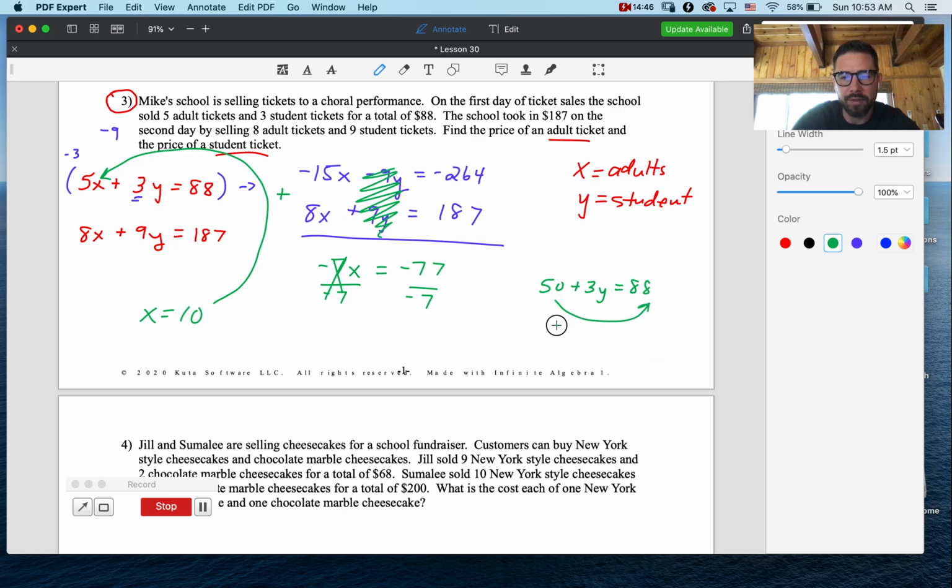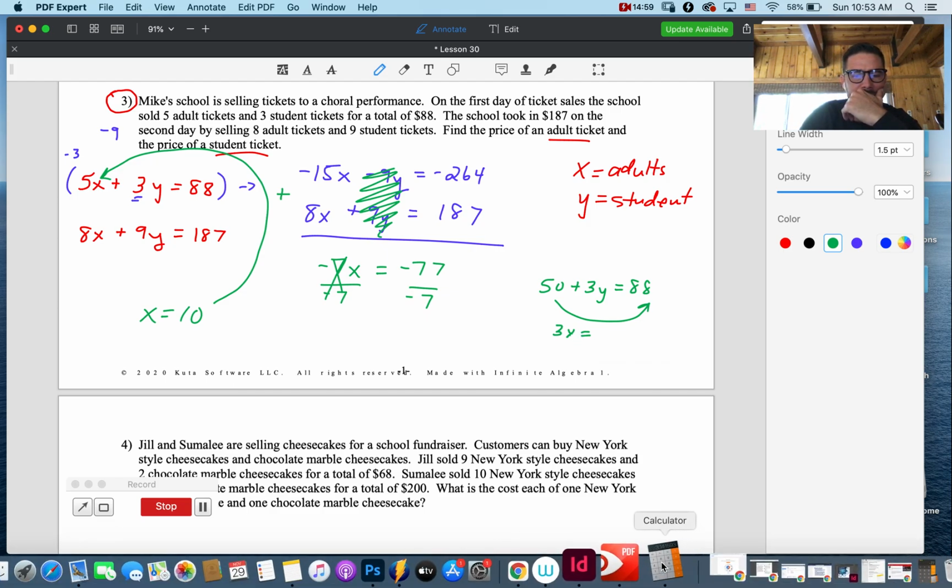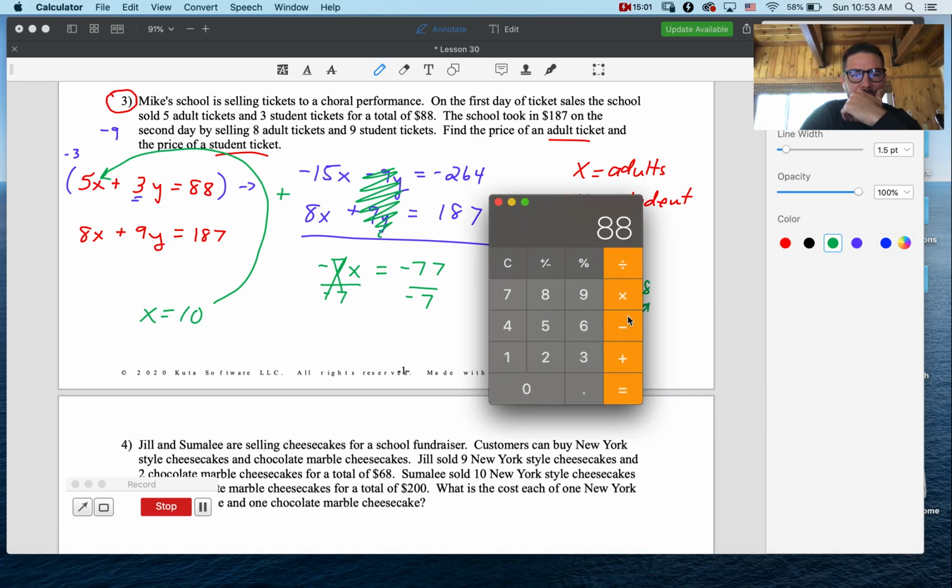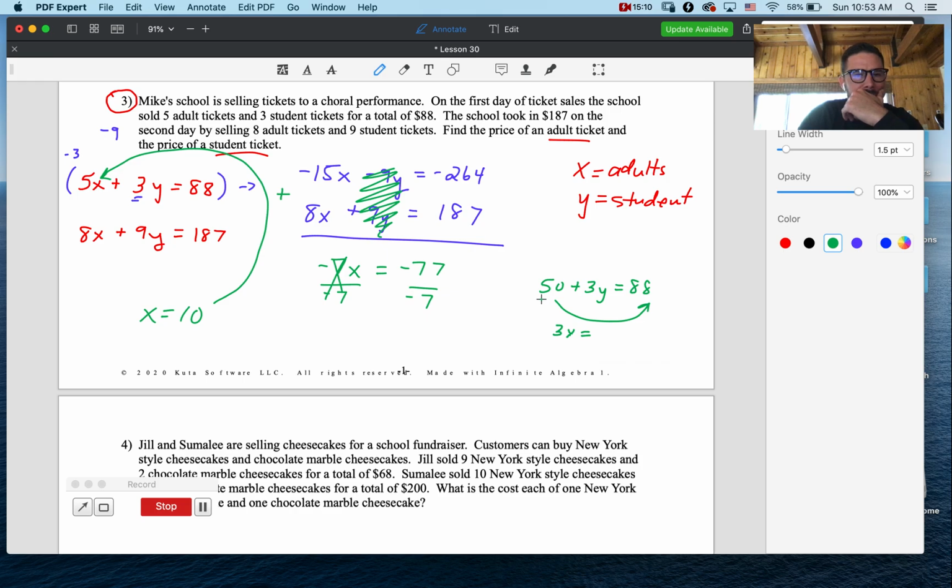Subtract the 50 to the other side, so we get 3y equals, what's 88 minus 50? 38? That's confusing me right now. Divided by 3? I may have screwed up somewhere, but I don't know.